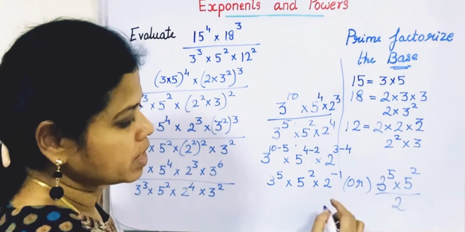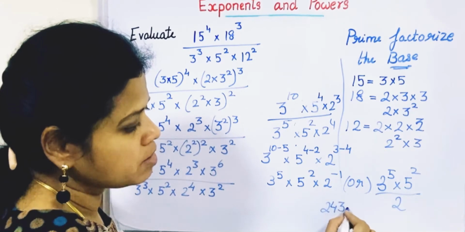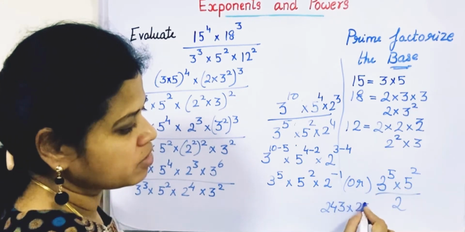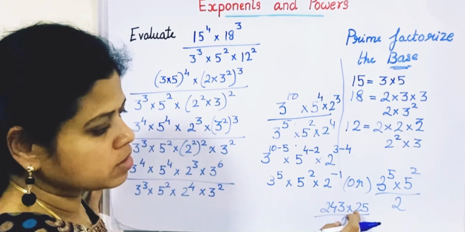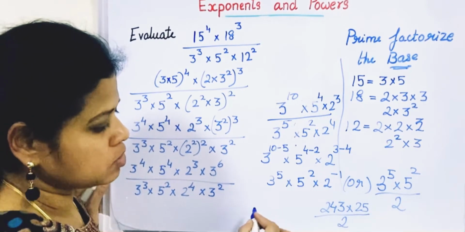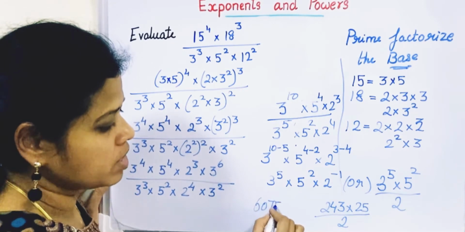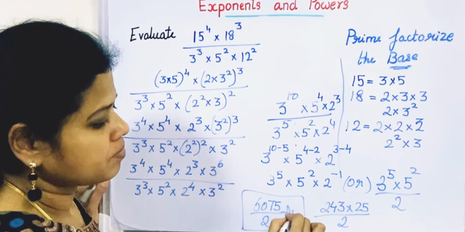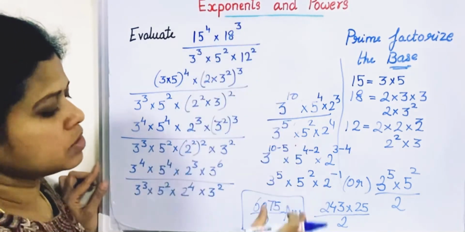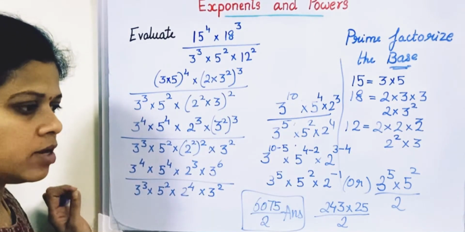And 3 power 5 is 243. 5 power 2 is 25, divided by 2. So this 243 multiplied by 25 is equal to 6075 divided by 2. So the answer to this expression is 6075 divided by 2.